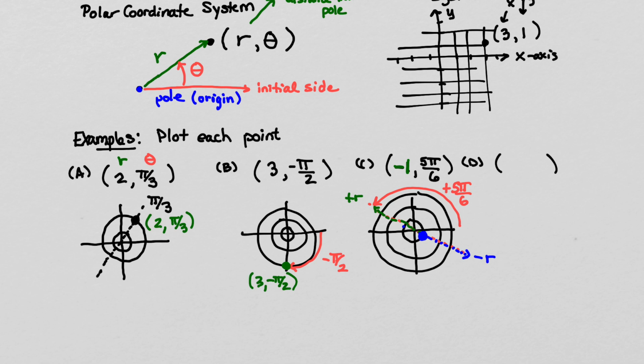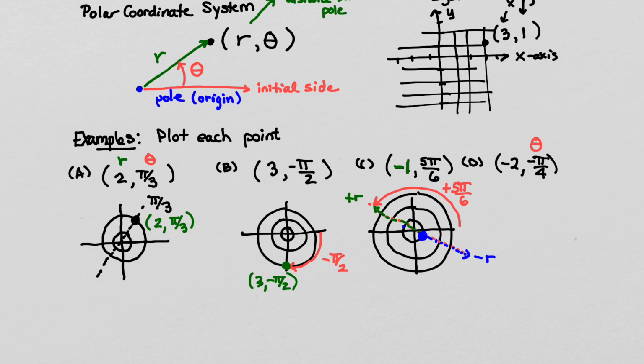And why don't you try this one? Tell me where this goes. Negative 2 comma negative pi over 4. Do your angle first and then do your r value.